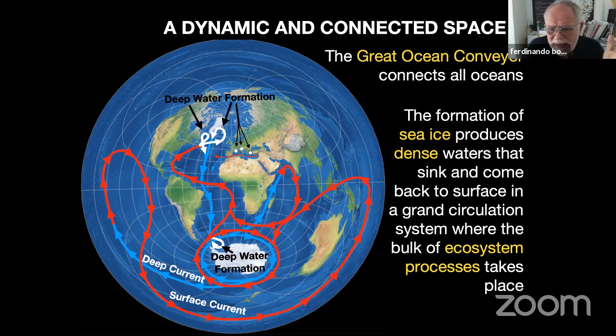The estimate is that a single molecule of water takes 1,000 years to make the tour of the world. Everything is driven by low temperatures. And so the deep water formation occurs at the poles due to very low temperatures.